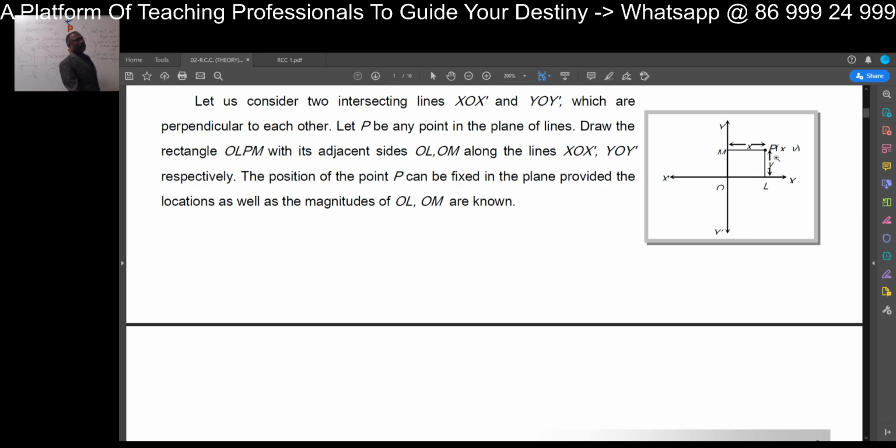And one more very important thing you have to remember here is that whenever a point is on the plane, it is at a distance of y units from the x-axis. It is at a distance of x units from the y-axis. This everyone can understand. So what I mean to say here, if you take any point x, y, the point is at a distance of y units from the x-axis and x units from the y-axis.